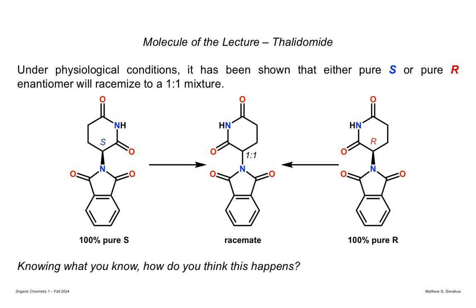The issue is, if you take the pure R enantiomer and dose it into a human, it racemizes back into the 1-to-1 mixture, producing the S, which produces the birth defect. So how does that happen?